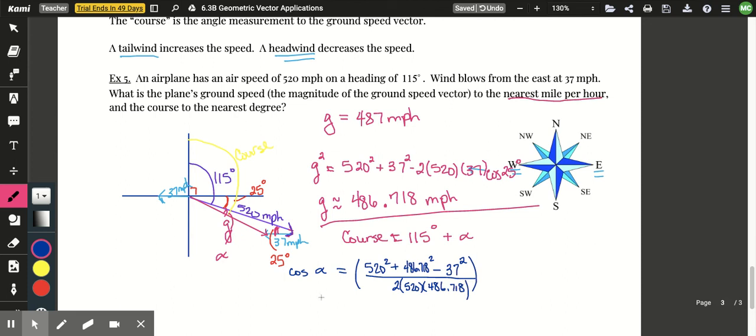When I put this in my calculator, I have to solve for alpha, not cosine of alpha. So once I get all of this over here, I'm going to need the inverse cosine of that value. Let's take a moment and get all of that in the calculator now. I'm going to press clear a few times just to make sure I don't have anything bad included in there.